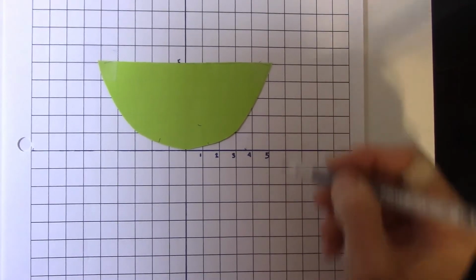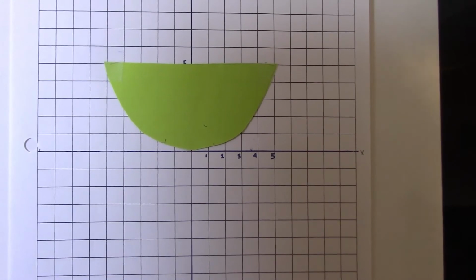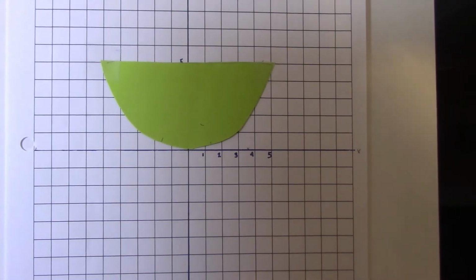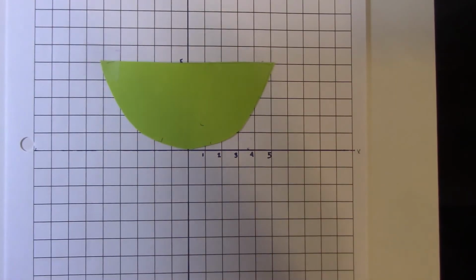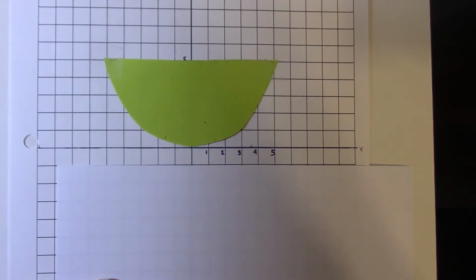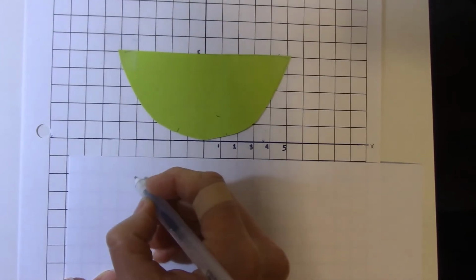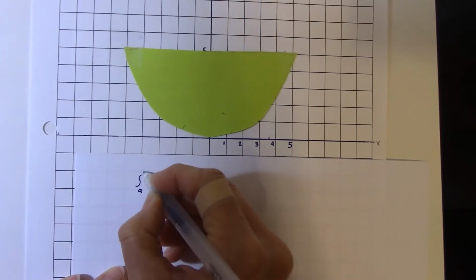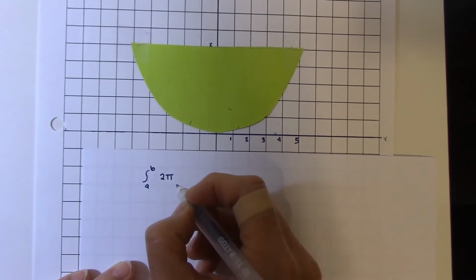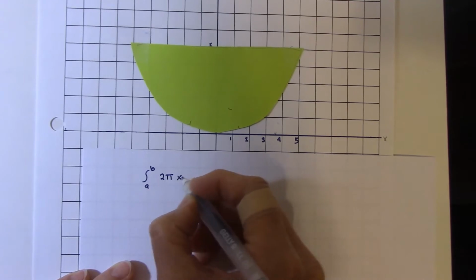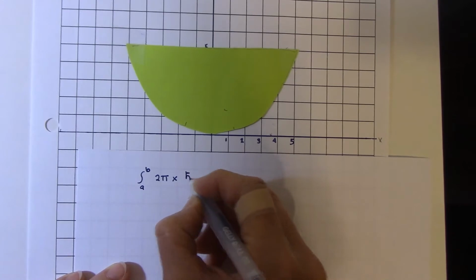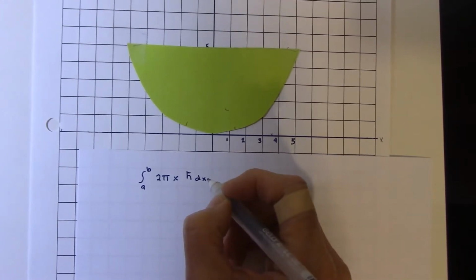And then when I go to integrate, remember my equation for the integration is that it's the integral from a to b of 2 pi x times the height times dx.